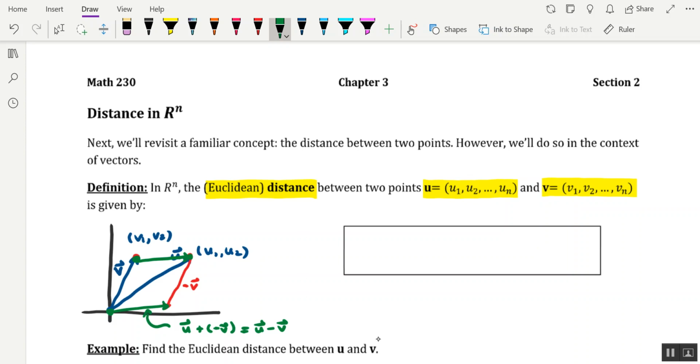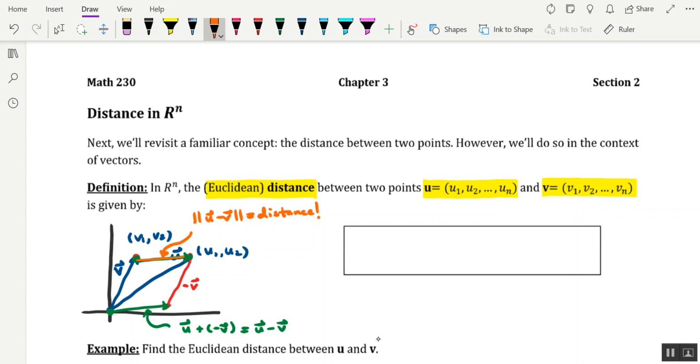Now, if we were to find the norm of this green vector, then that would tell us precisely the distance between the points u1, u2 and v1, v2. So the norm of the vector u minus v would equal the distance. And that's precisely what our formula is that we use to calculate the distance between 2 points.